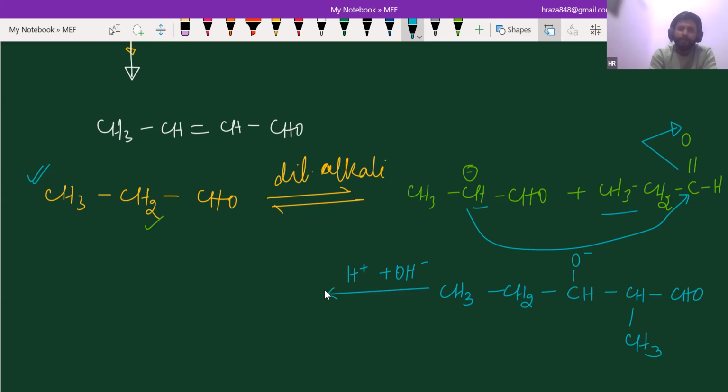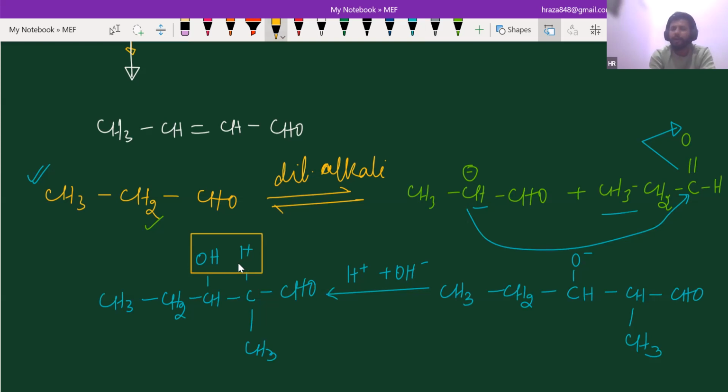So you can see OH will be there, so it will be CH3, CH2, and then CH. There will be OH and then CH3 is here and one hydrogen is there, and CH. What you need to do is just remove hydrogen from alpha and OH from beta, and you will get aldol condensation as this second product.